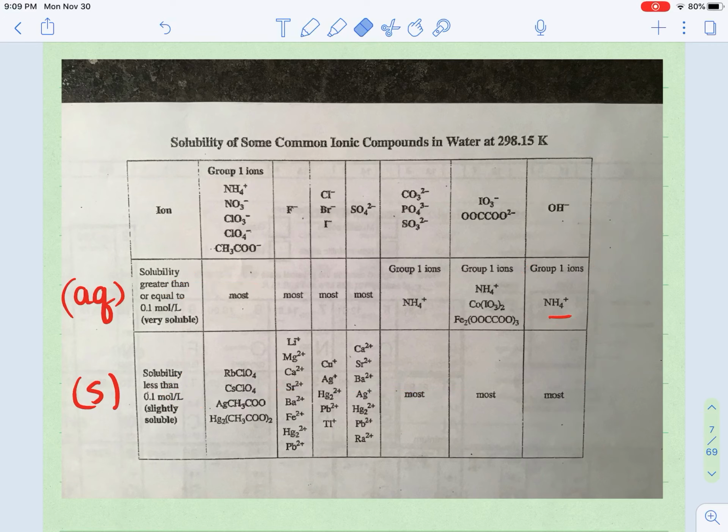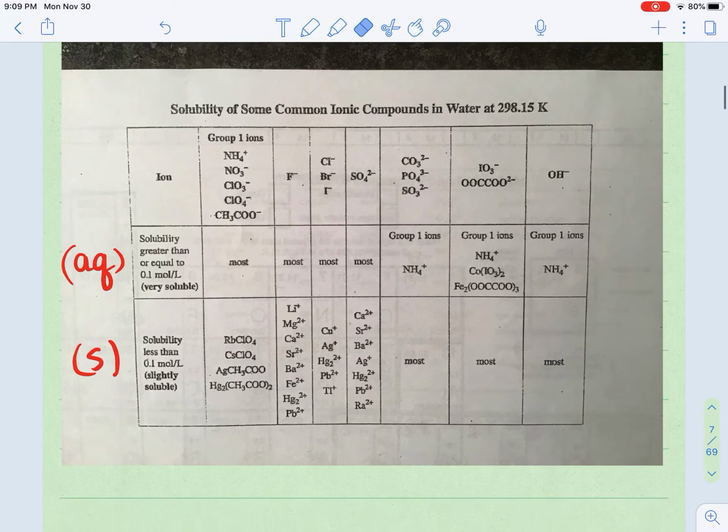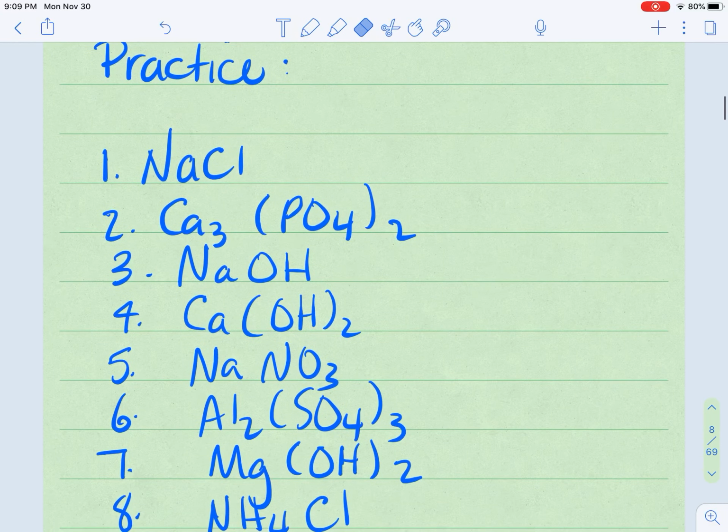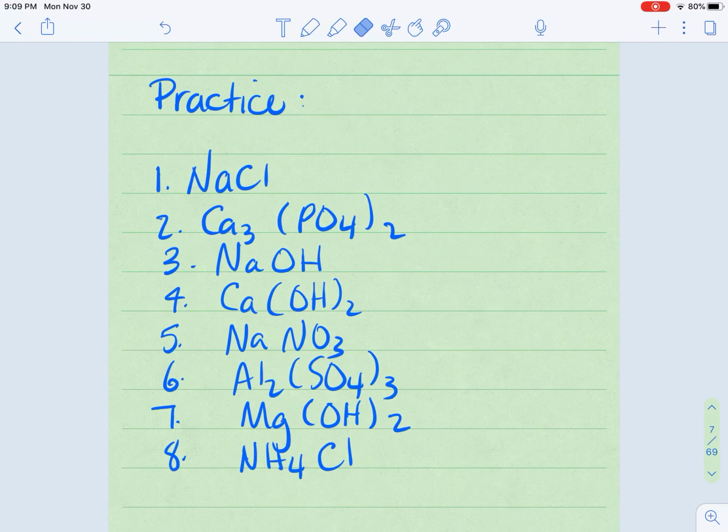So let's give some of these a try by copying down these 8 compounds. And I'd like you to pause the video, copy these down, and then you can play the video. I'll show you how to get started on this, and you can pause it at any time to try it by yourself.